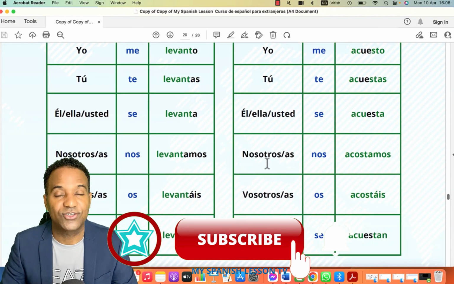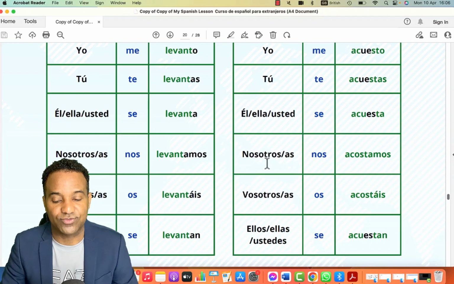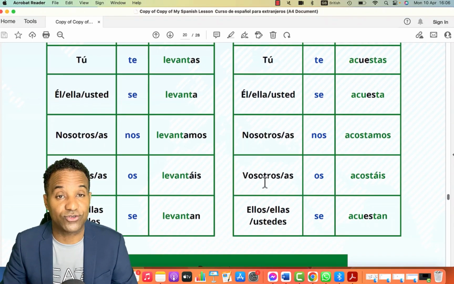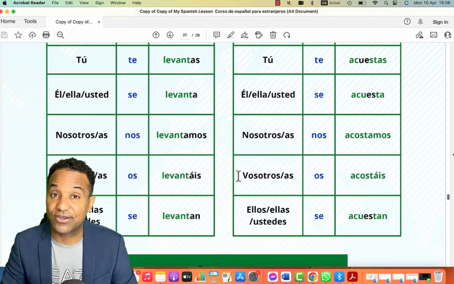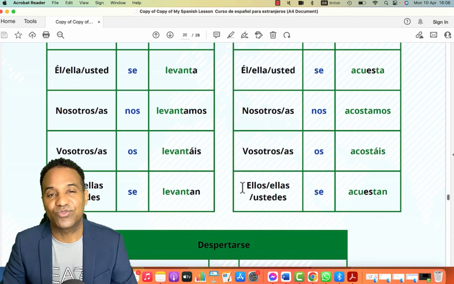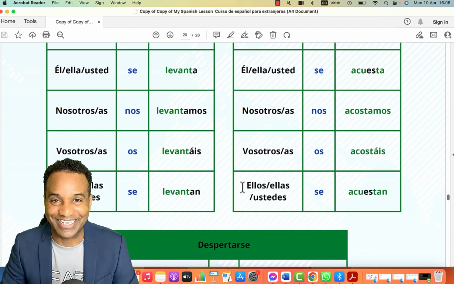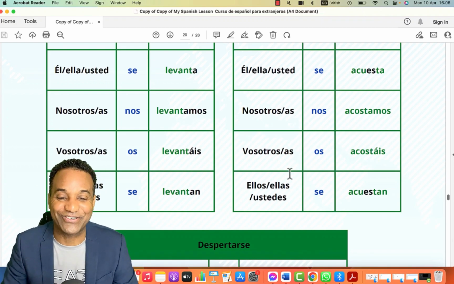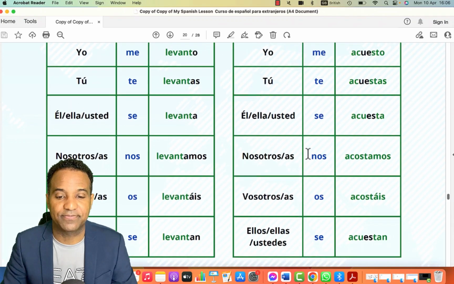Nosotros, nosotras nos acostamos. Vosotros, vosotras os acostáis. Ellos, ellas, ustedes se acuestan. Okay? Perfecto. So acostarse, go to bed.